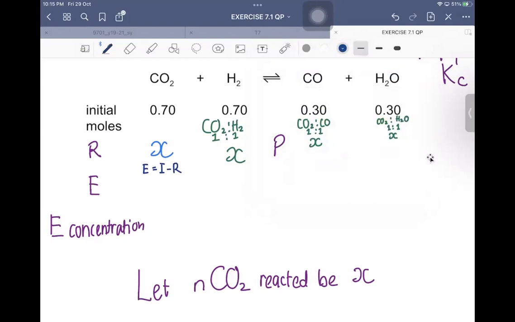For carbon dioxide, that would be 0.70 minus X. For hydrogen, same thing, initial minus reacted, 0.70 minus X. For products, equilibrium is equal to initial plus produced.